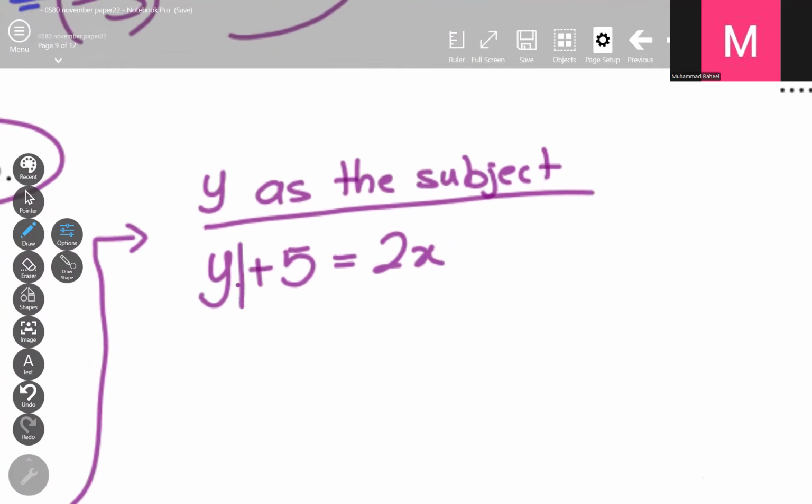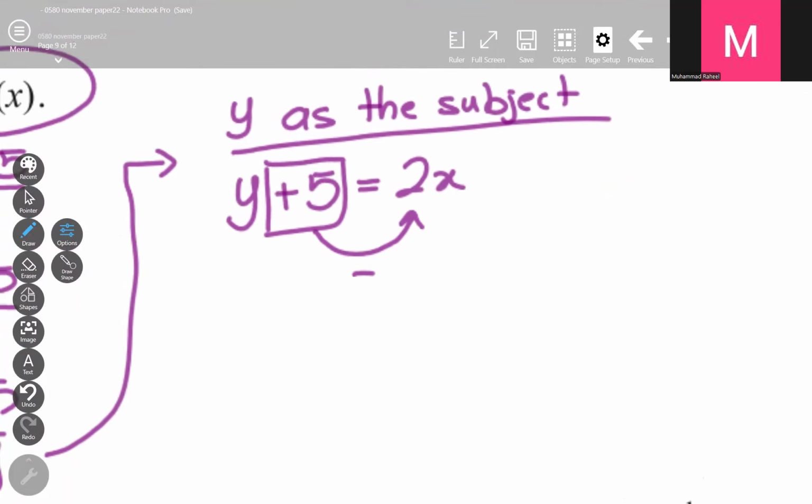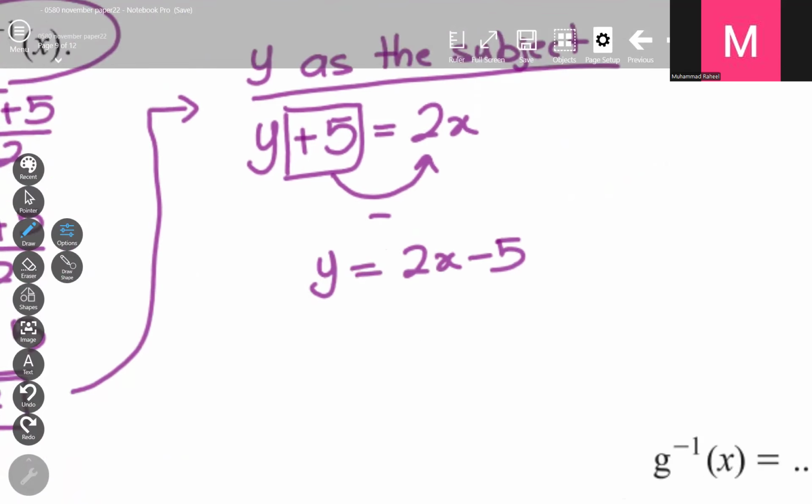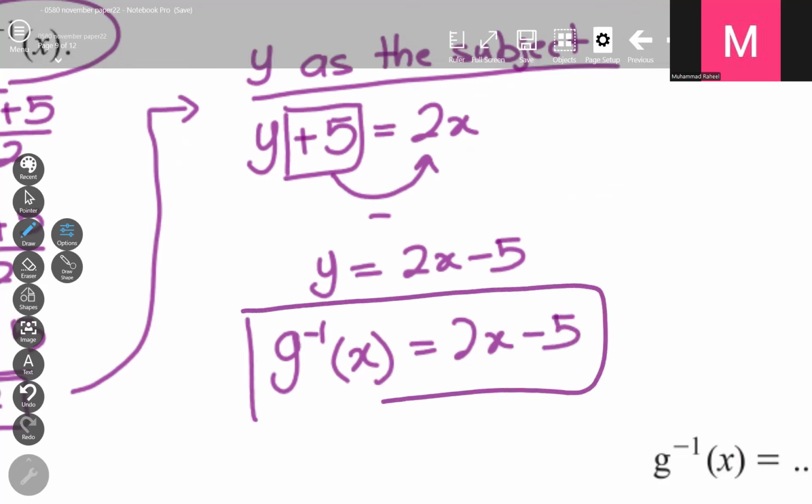Then what we should do here is move the positive 5 to the left side, so it becomes minus. So y is equal to 2x minus 5. So since y we can replace as g inverse of x, g inverse of x is 2x minus 5. And here is our final answer.